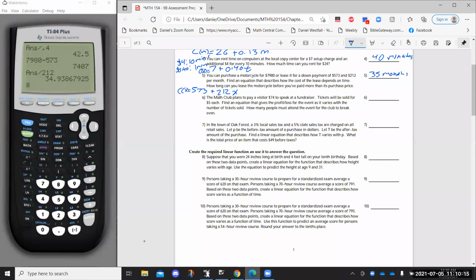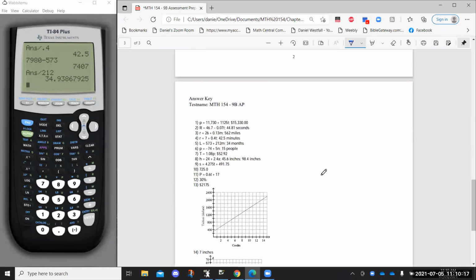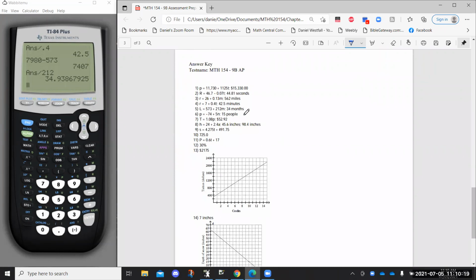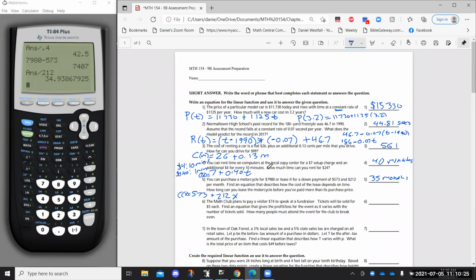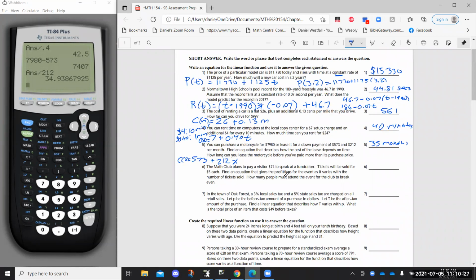Let's see if I got that one right. It says 34 months. What did I do wrong there? Purchase the motorcycle, lease it. And the equation that describes the cost of the lease depends on time.